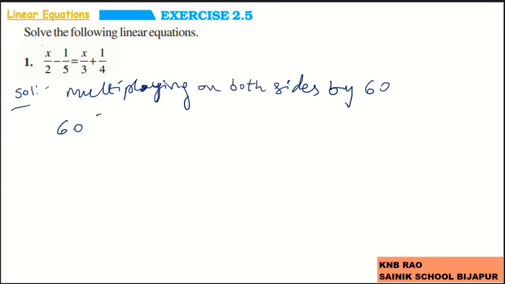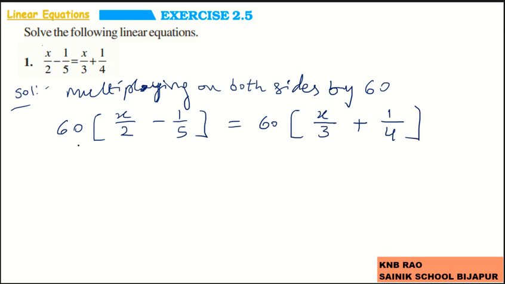So, 60 multiplied over the left hand side, x by 2 minus 1 by 5, equals 60 multiplied to the right hand side, that is x by 3 plus 1 by 4, where, in the same way, the distributive property of multiplication over subtraction is to be done on the left hand side, as well as the distributive property of multiplication over addition on the right hand side.